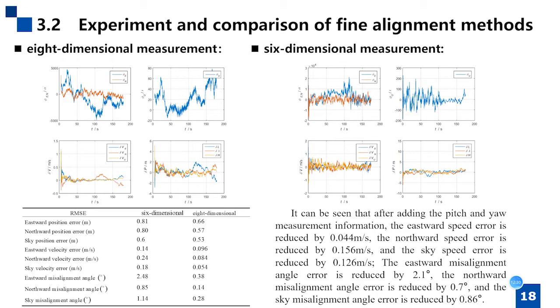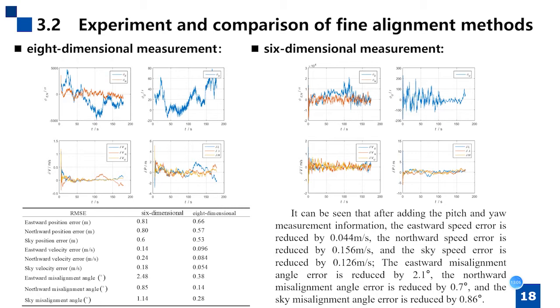It can be seen that, after adding the pitch and yaw measurement information, the eastward speed error is reduced by 0.044 meters per second. The northward speed error is reduced by 0.156 meters per second, and the sky speed error is reduced by 0.126 meters per second.